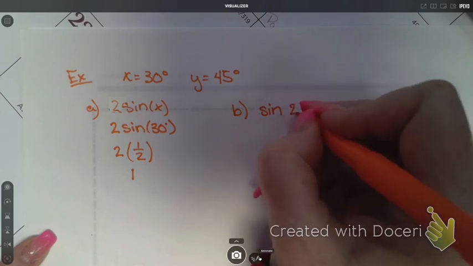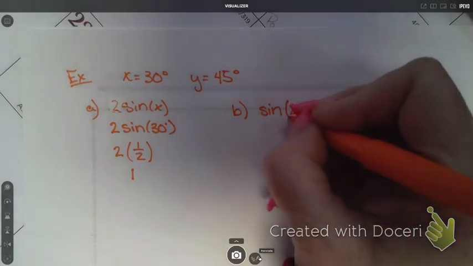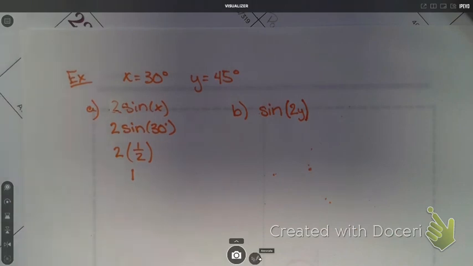Now, this is how they have it written in the book: sine 2y. My brain says sine multiplied by 2y, doesn't yours? But it's not sine 2y, it's sine of 2y. Those parentheses say "of." So plug in 45.